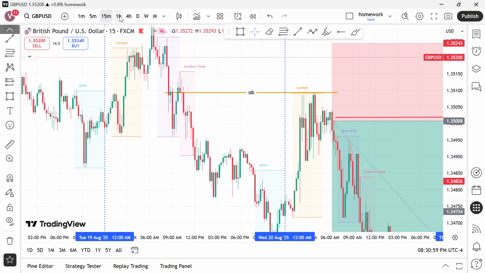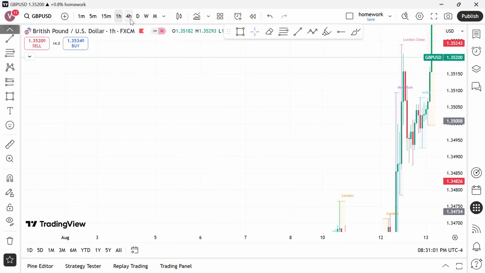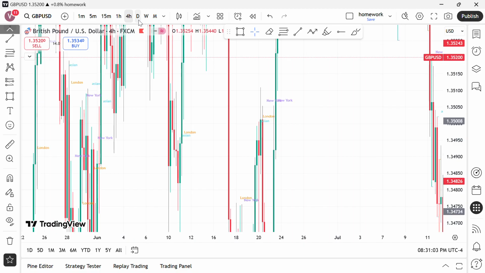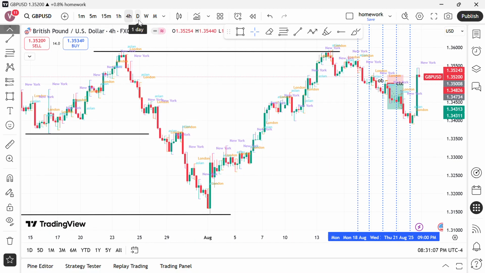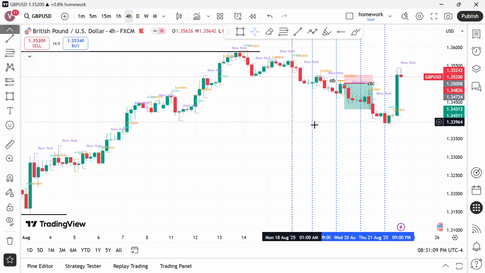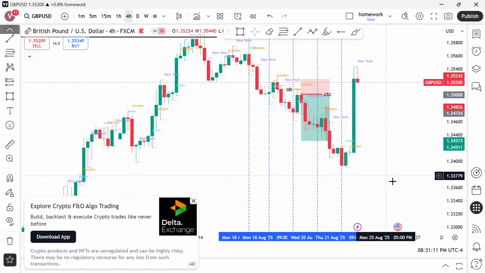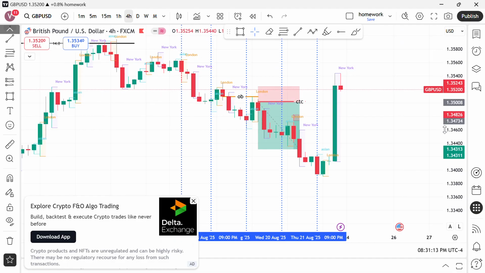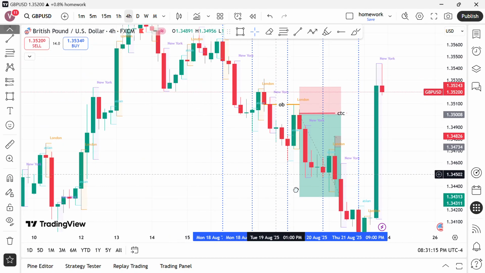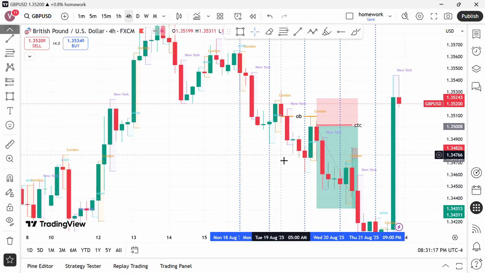Now after the Tuesday, what do you have to do? Nothing, just check your daily time frames, check your 4-hour time frames, and check for any POIs, points of interest, from where you can sell again, because you have already established the long-term trend.